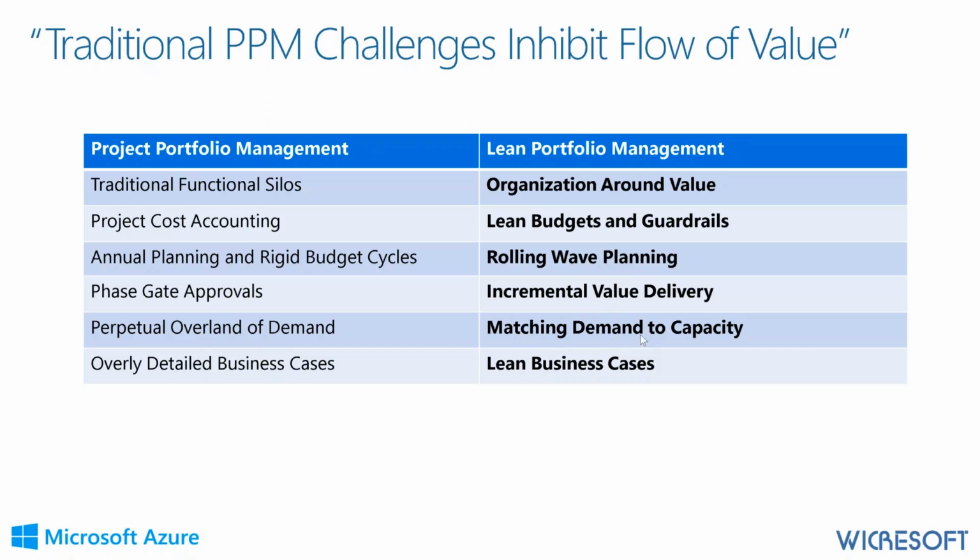We are trying to really negotiate capacity to deliver that value to the customer through our epics. And then finally, we have a lean business case that should allow us to put the investment consideration of the epic quicker. And we'll actually show that.